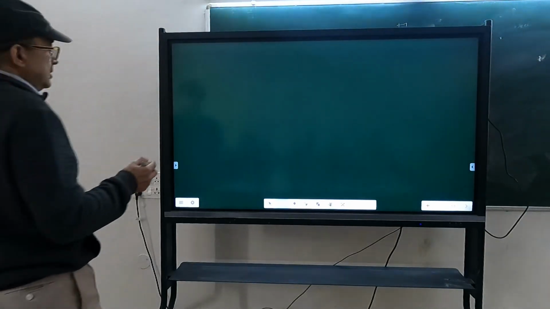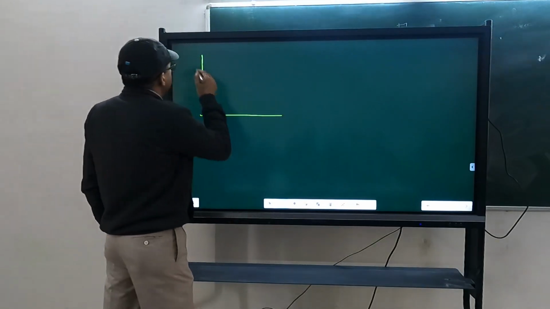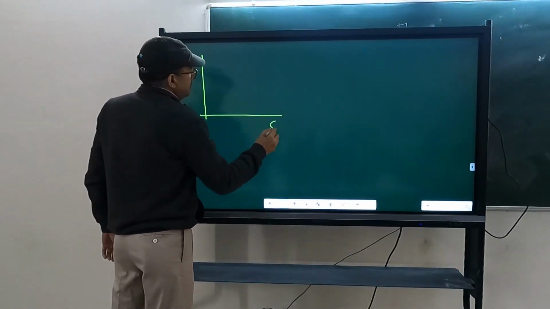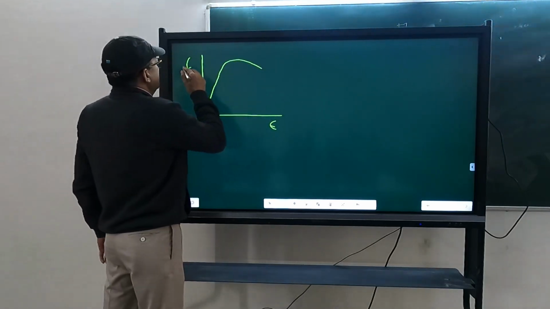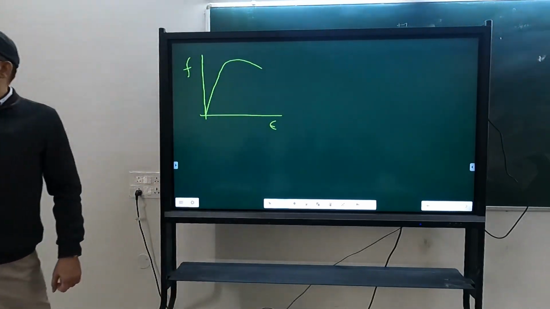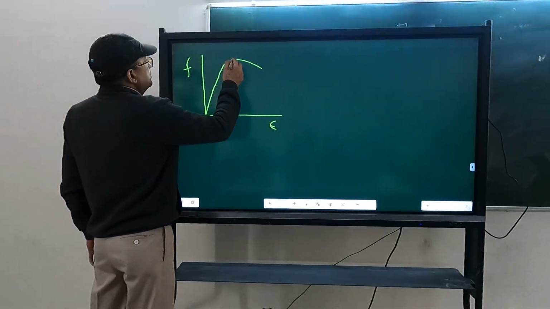So for confined concrete, I have given you the equation of the stress strain curve, between f and epsilon. You can integrate that. That is one. Secondly, I have given you this value.